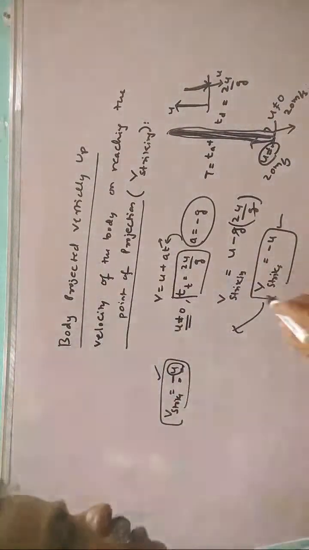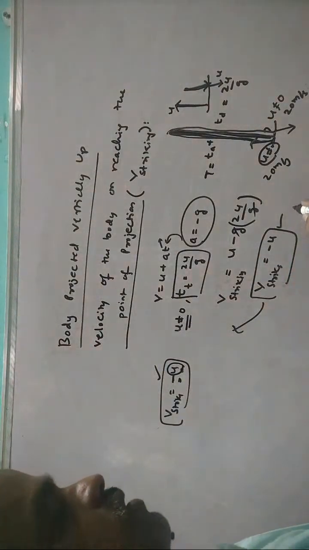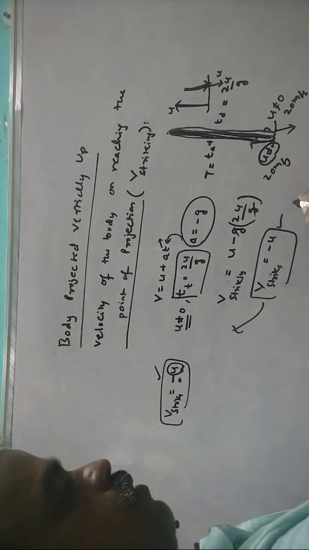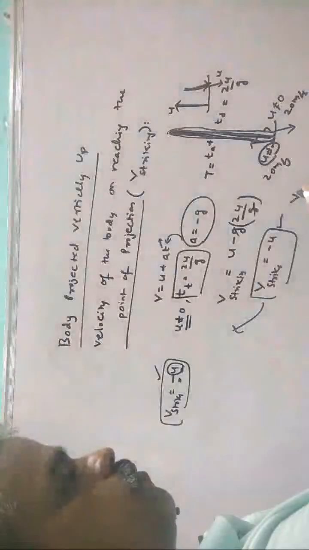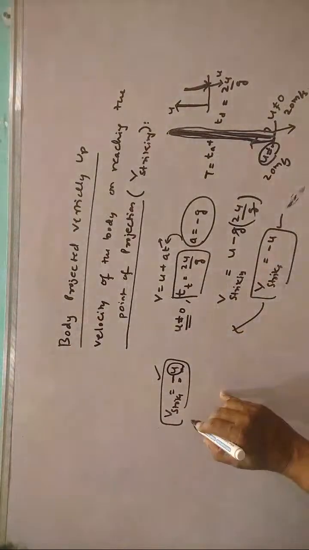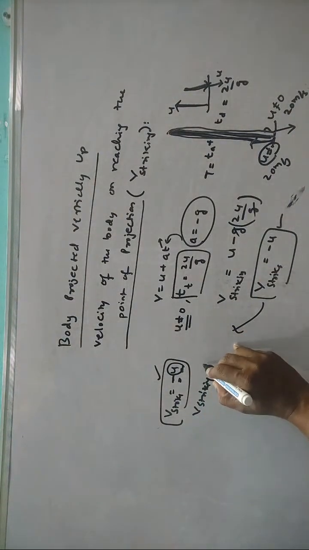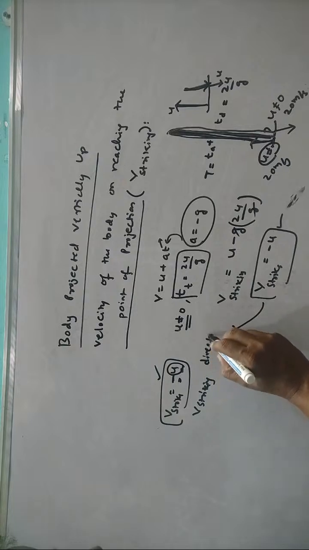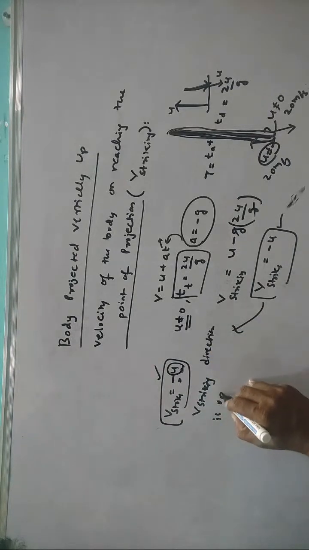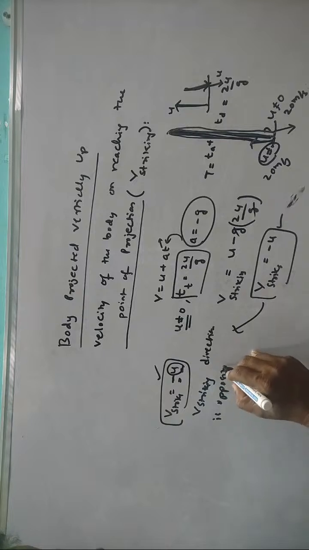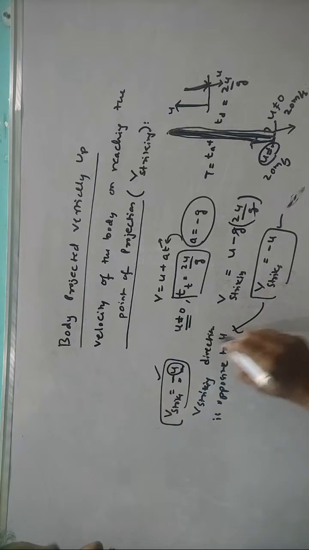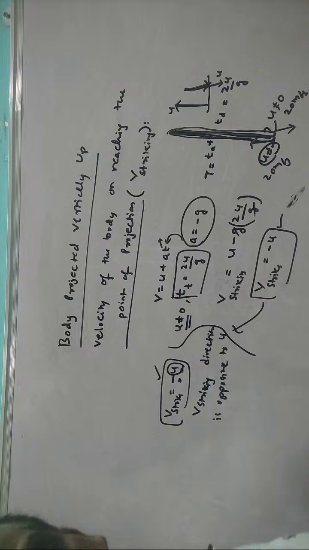Just write v strike equal to minus u. That means v strike direction is opposite to u. That's it.